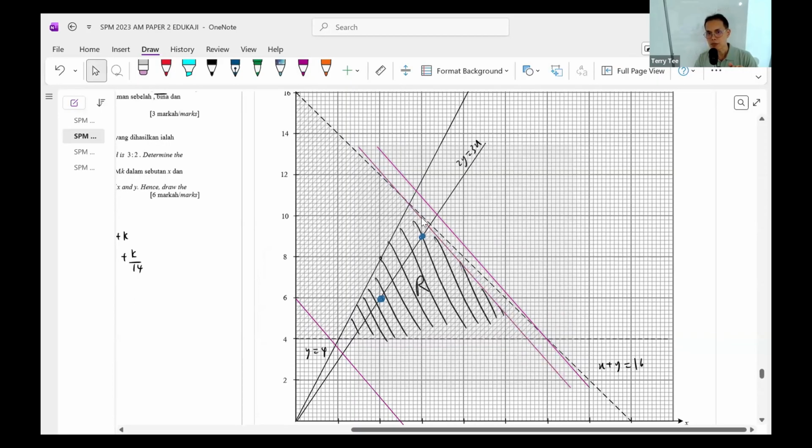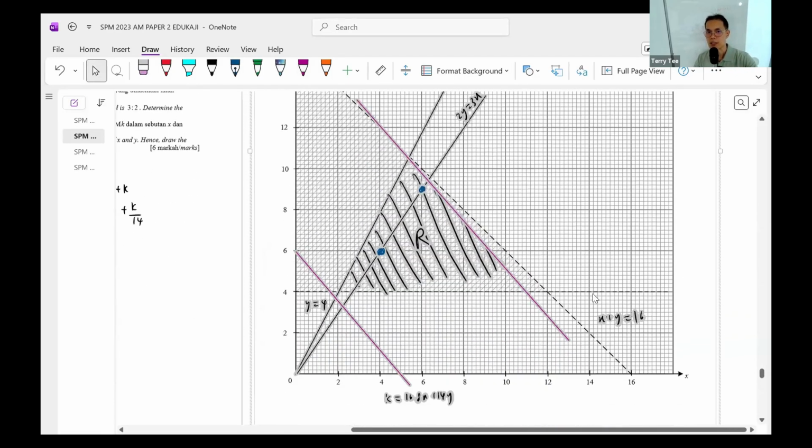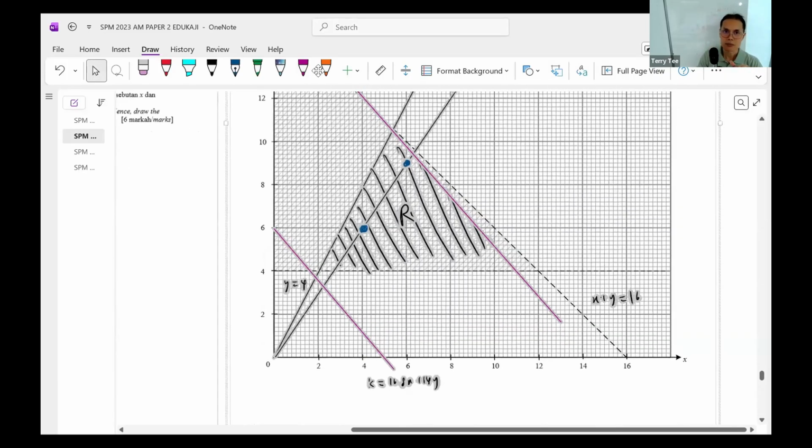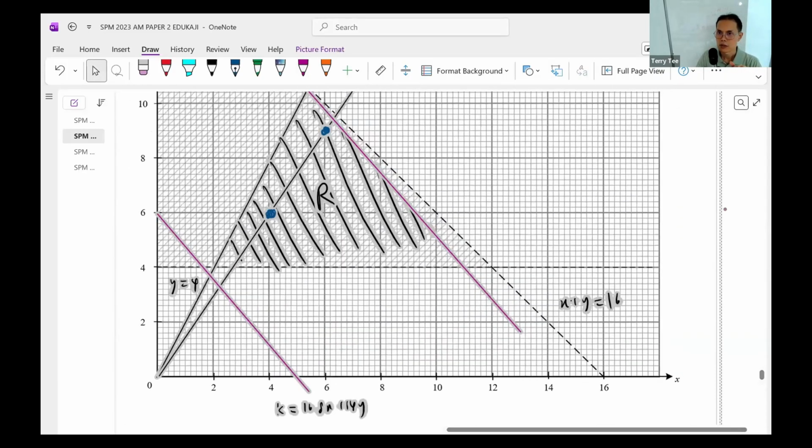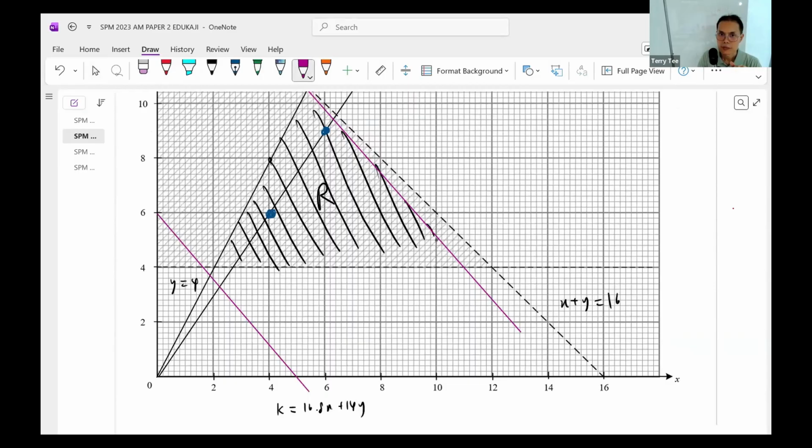So can you see? Can I take this point? I hope you can see this point. Let me just zoom in and highlight it for you. The point that I'm talking about is this point. What is this point? (10, 5).